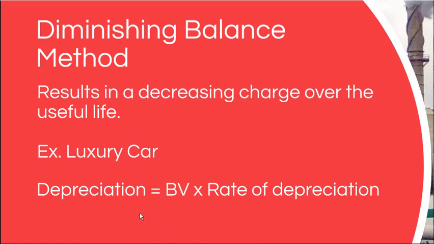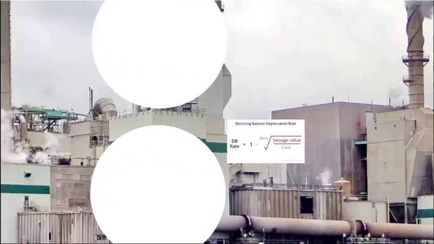So under diminishing balance method, depreciation amount is computed by multiplying book value with the rate of depreciation. So at the beginning of the year, we identify what is the reported book value at the beginning multiplied by the rate of depreciation. So here the rate of depreciation computation is very important.